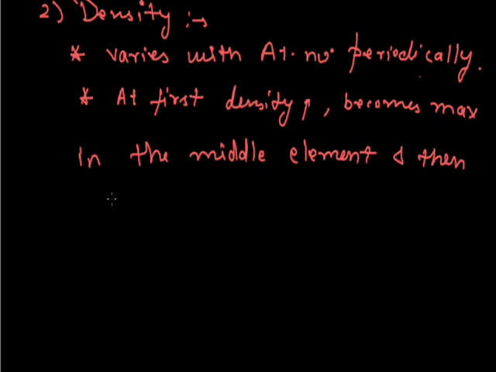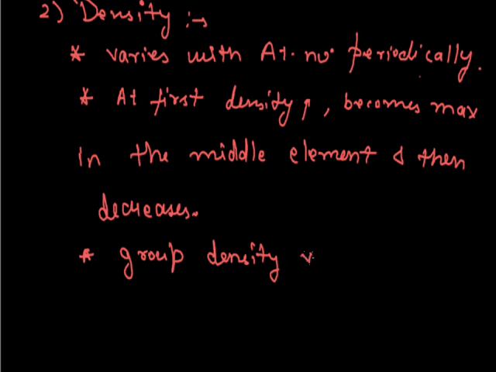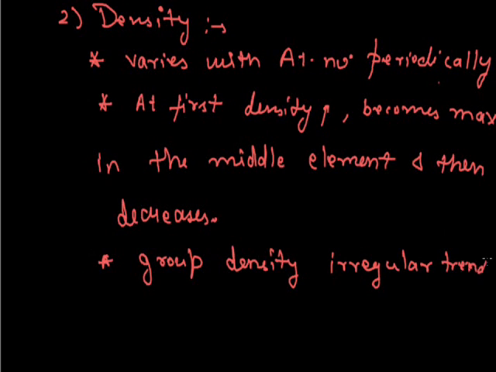This can be interpreted from the fact that it is opposite to the atomic volume. While in a group, density has a very irregular trend. Iridium has the highest density.